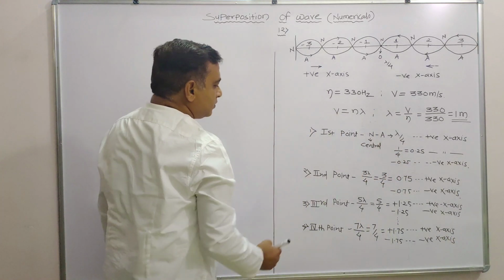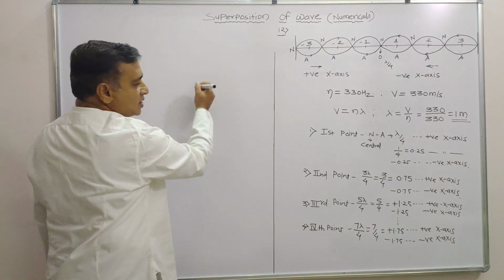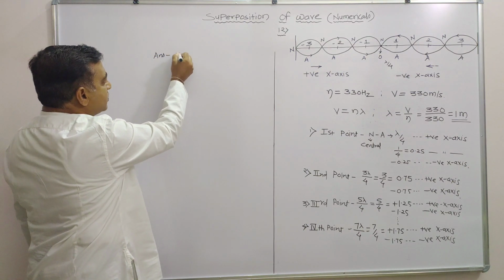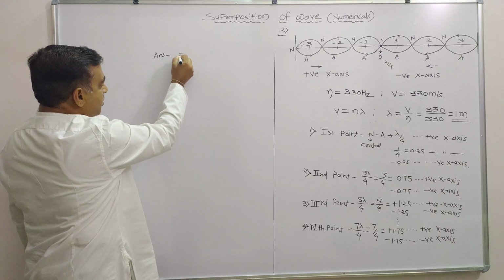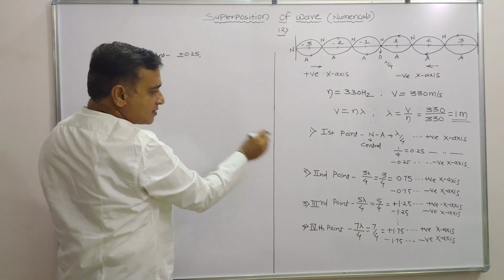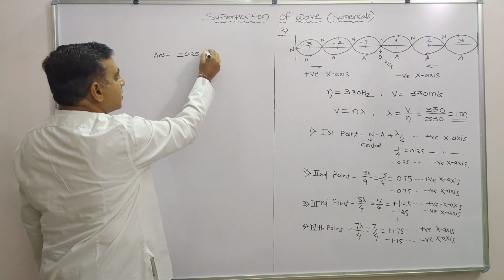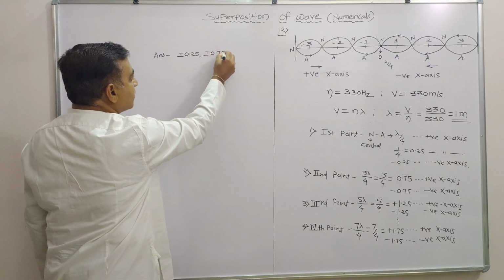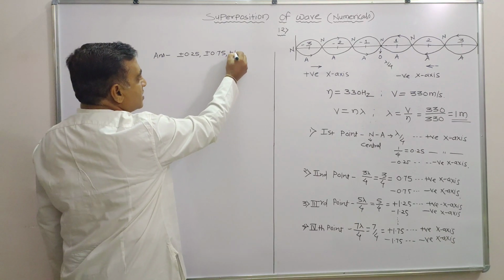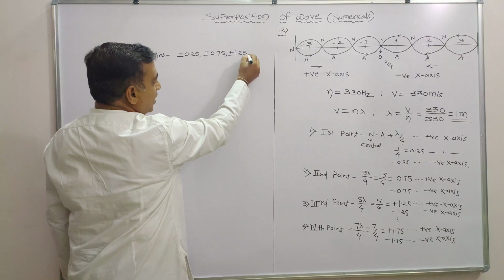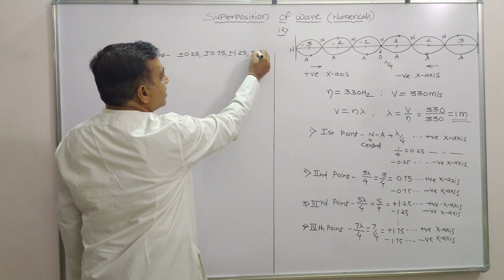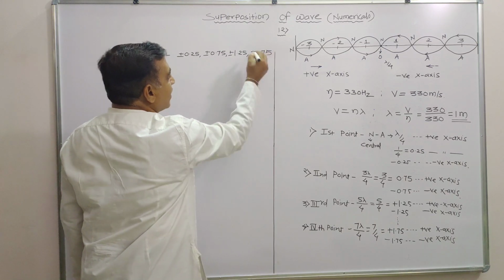Now these points are situated at plus or minus 0.25, and next is plus or minus 0.75, and the next is plus or minus 1.25, and the next is plus or minus 1.75.